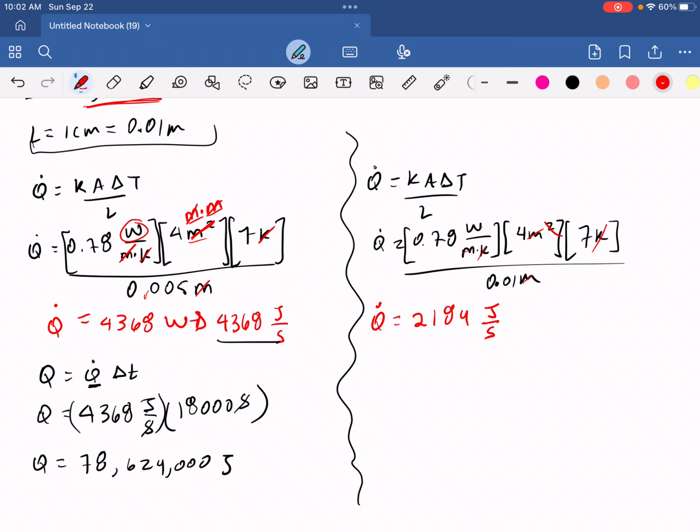Now I'm going to apply the same formula. Q equals Q dot times delta T, which turns out to be 2184 joules per second, time still the same, 18,000 seconds.